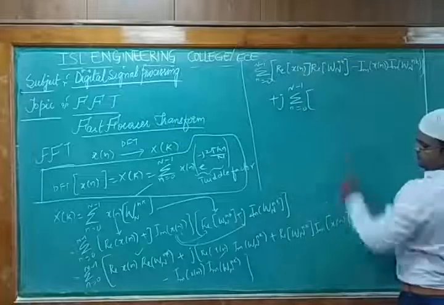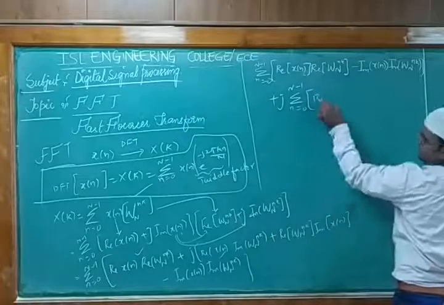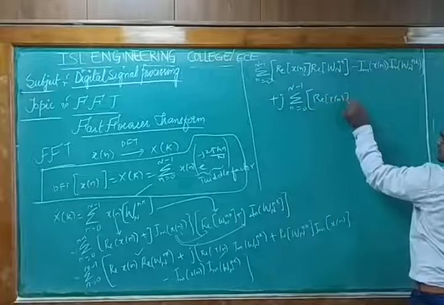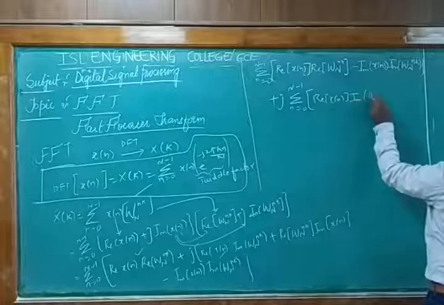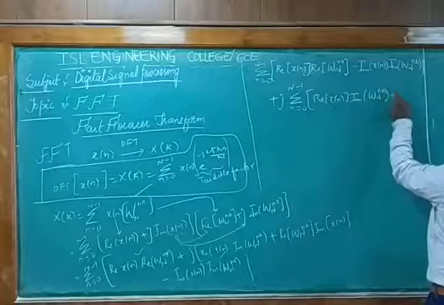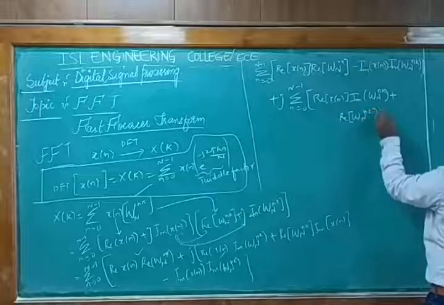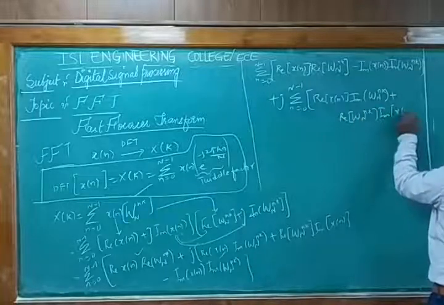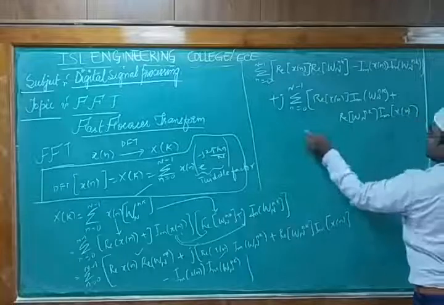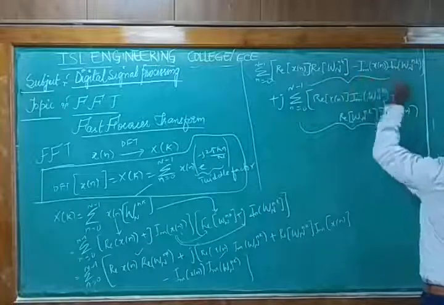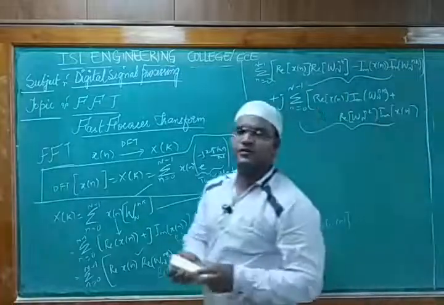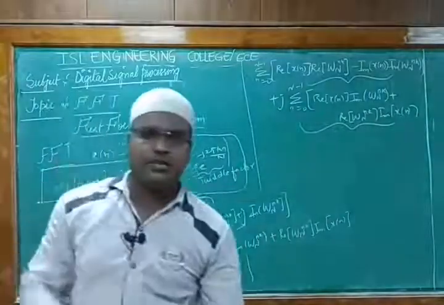What we got now is real of x of n into imaginary of Wn of nk plus real of Wn of nk into imaginary of x of n. So we separated your real part and this is your imaginary part. These two indicate your weighting sequence of real and imaginary.